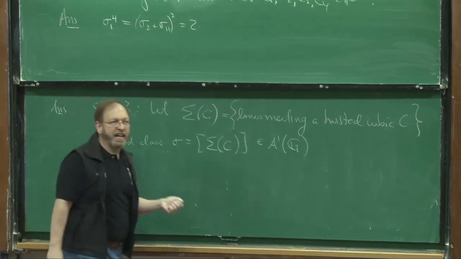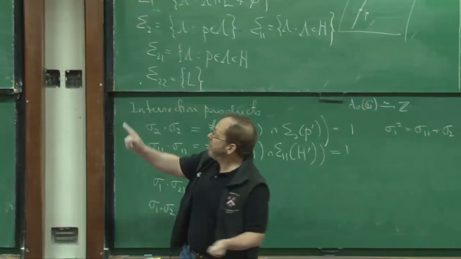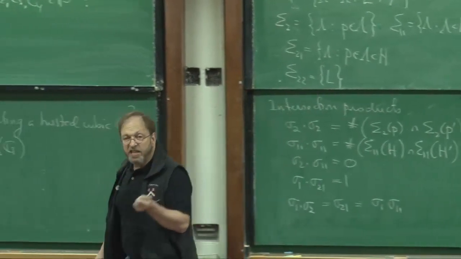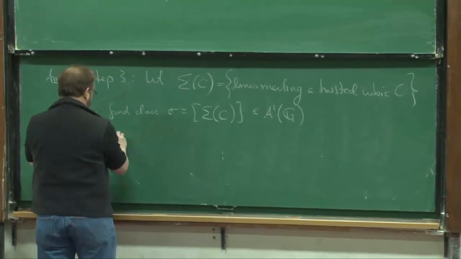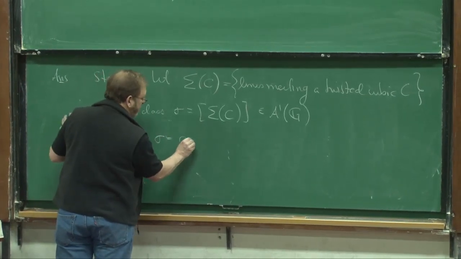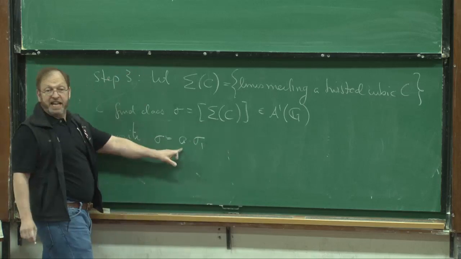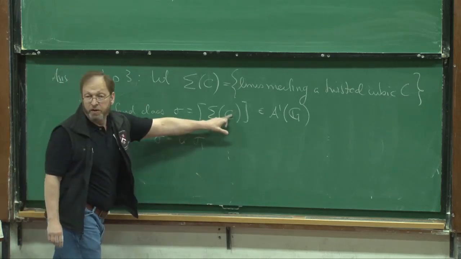And how do we find its class? Well, we use the same method we used to calculate sigma 1 squared. The one thing we know is that we can write sigma as some multiple A of sigma 1. That's the generator of the Chow group in codimension 1.